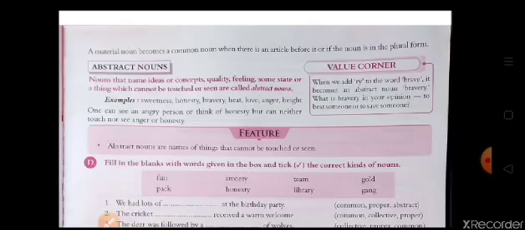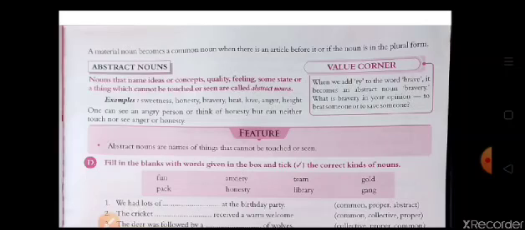Nouns that name ideas or concepts, qualities, feelings, some state or a thing which cannot be touched or seen are called abstract nouns. In very simple words, in your book the definition is given. For example, sweetness, honesty, bravery, heat, love, anger, height.